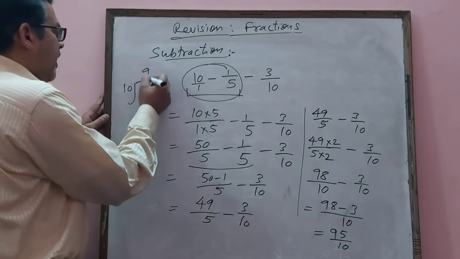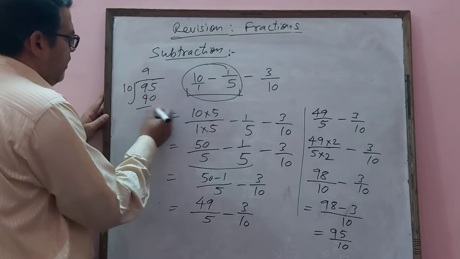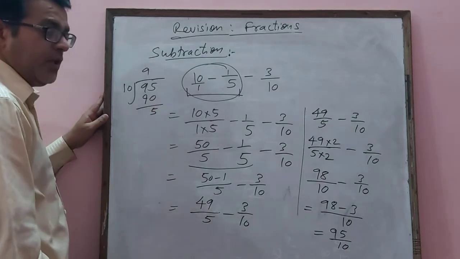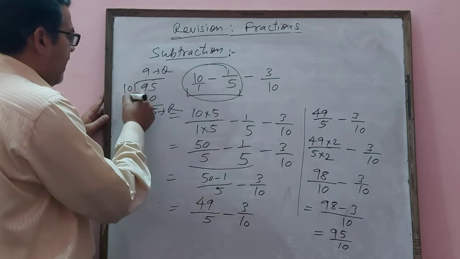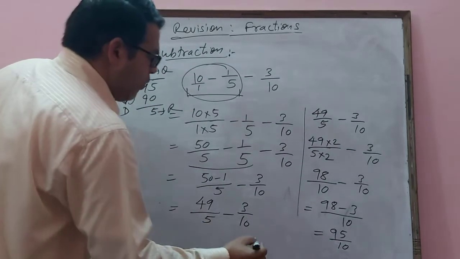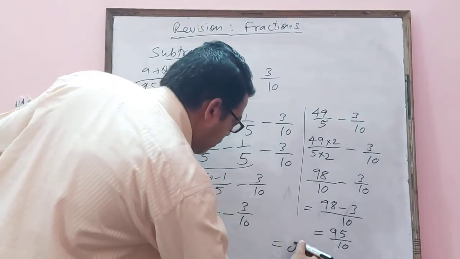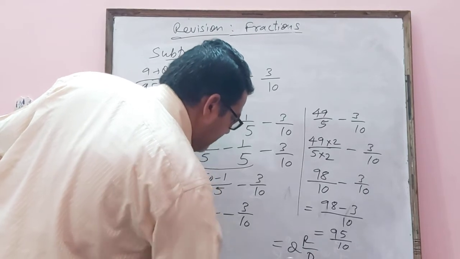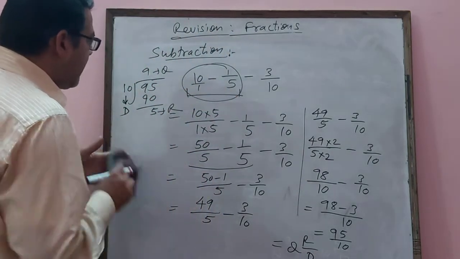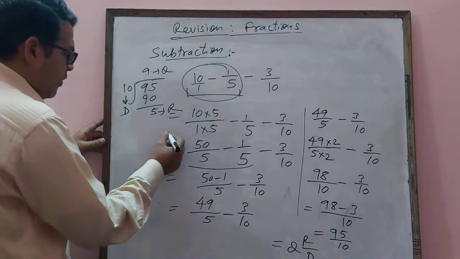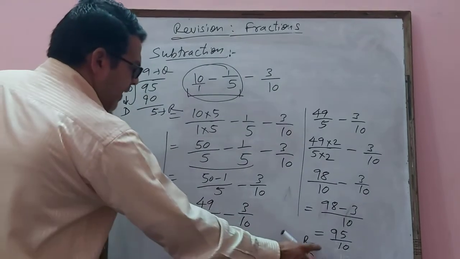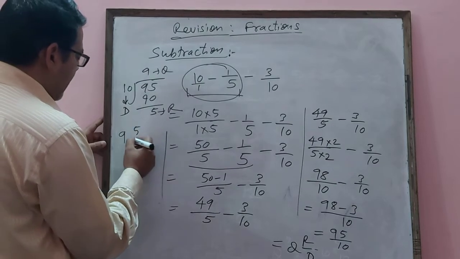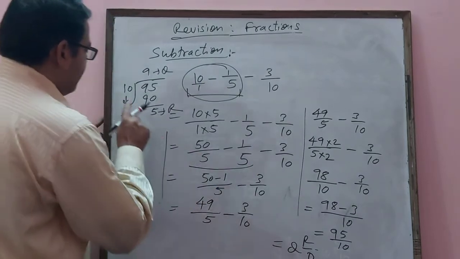So 9 times, 5 is left. So this is the quotient, this is the remainder, and this is the divisor. According to the rule we can write it as quotient, remainder by divisor. Now what is the quotient? Quotient is 9, remainder is 5 and divisor is 10.